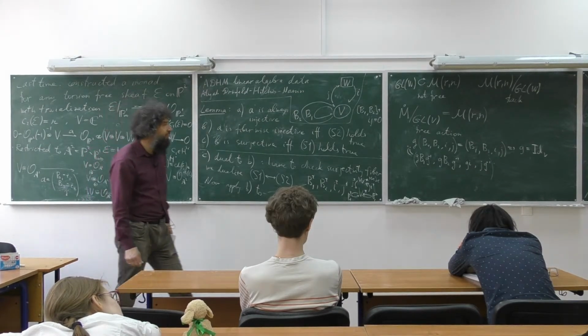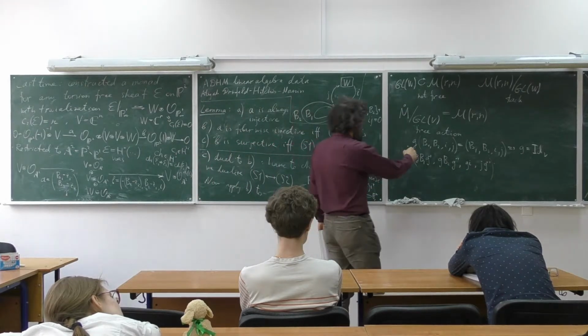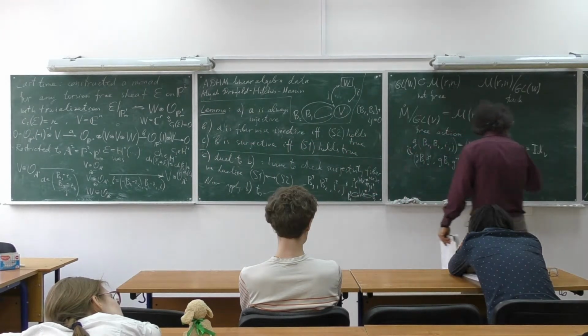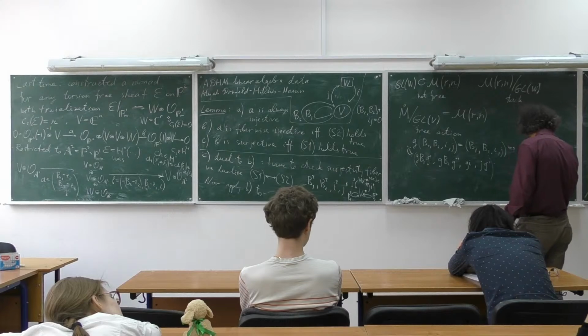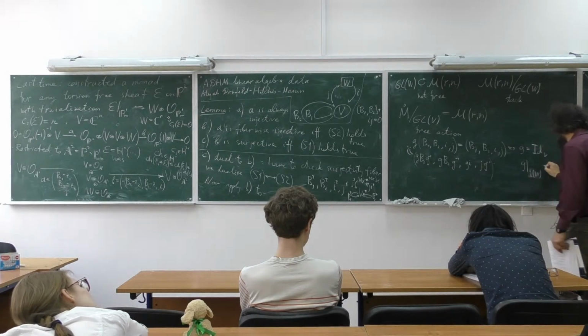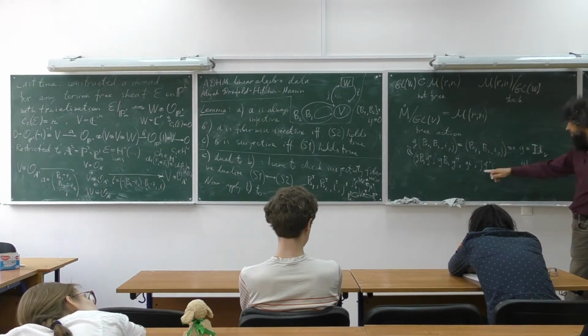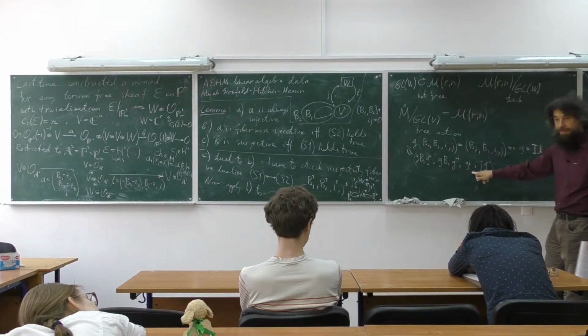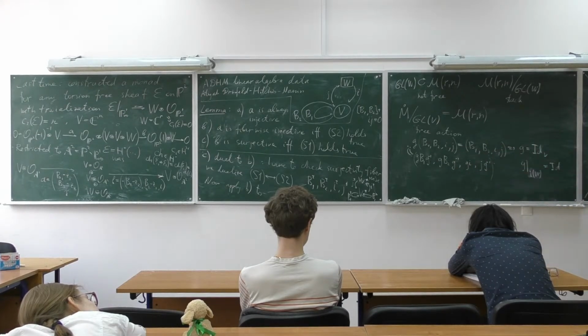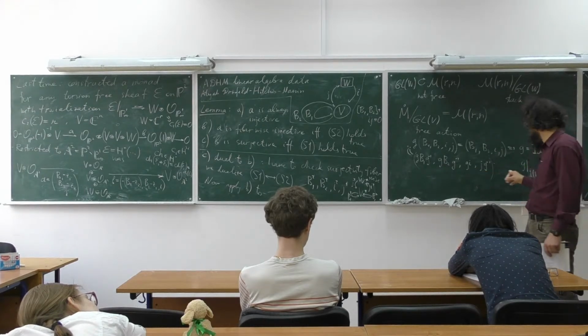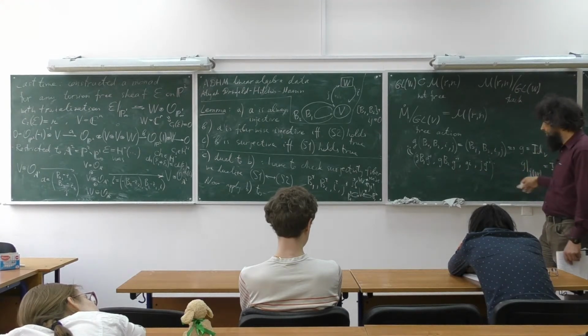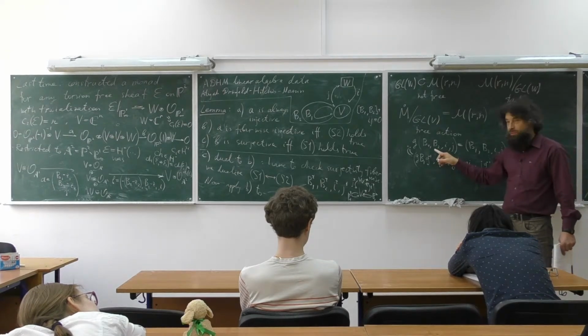But what we do know is that G restricted to the image of I, well, I of W, is identity, right? Because of this. On the other hand, we know that the image of W generates the whole of V under the action of B1, B2.